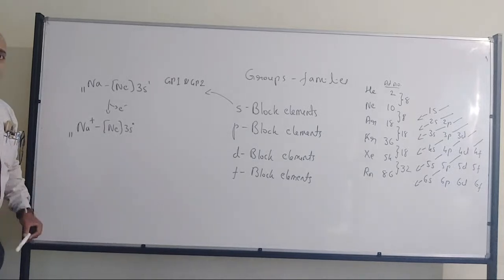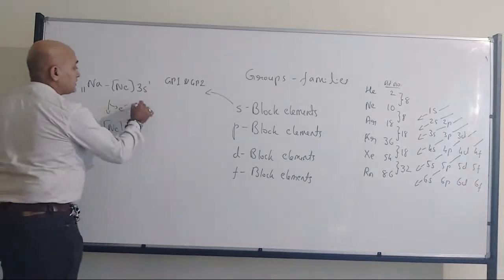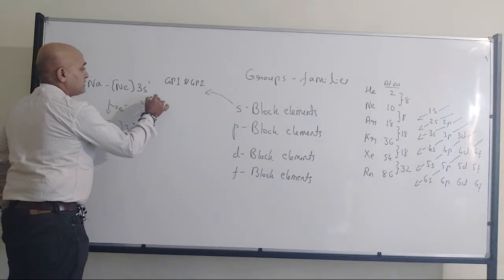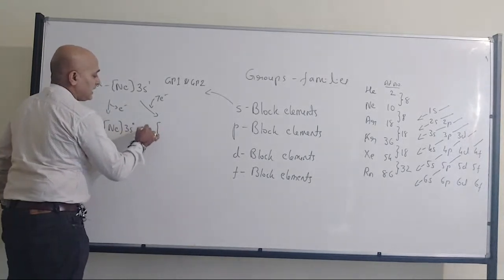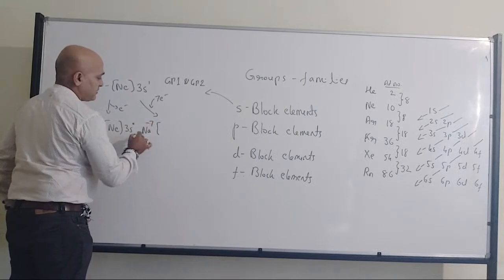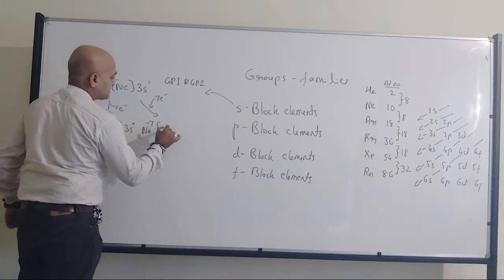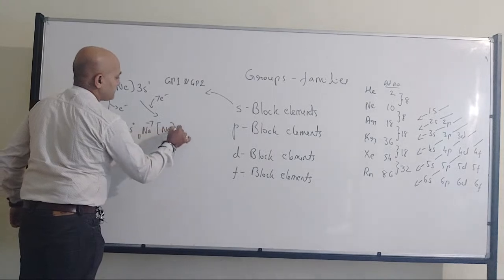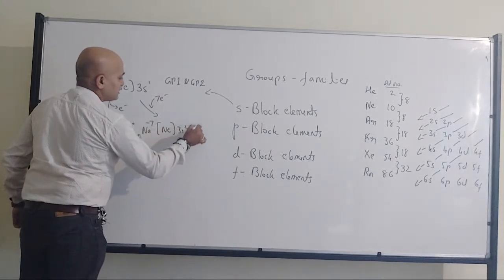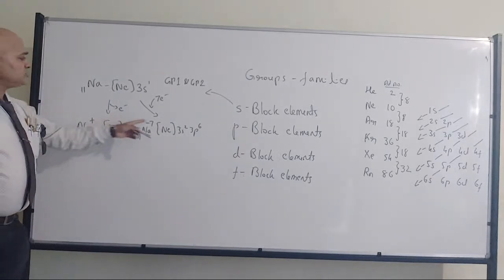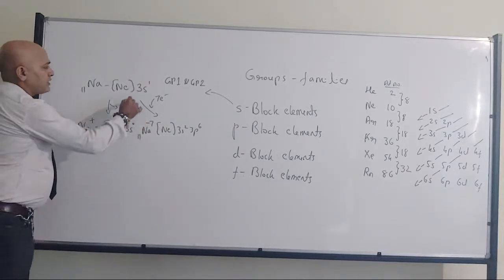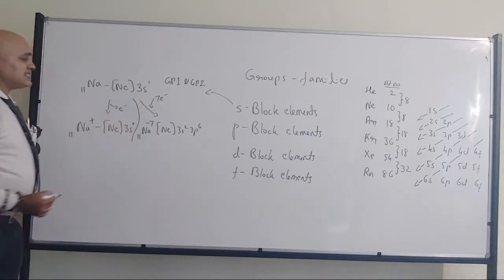It has become 0, right? Or it should take up 7 electrons and become Na minus 7. So don't worry, Na minus 7: neon 3s2, 3p6. Right? So these two possibilities are there for sodium to attain stability.